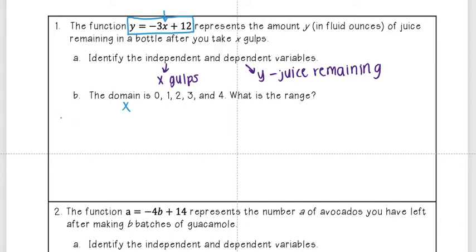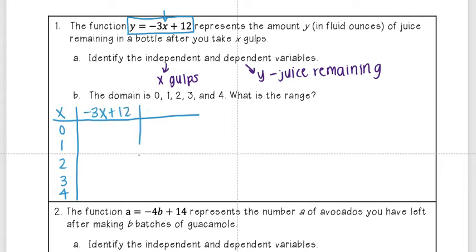So I'm going to make a little table here. I'm going to have my x's here, so that's 0, 1, 2, 3, and 4. I'm going to put my equation right here so we can show that work. And then we're going to end with my y.